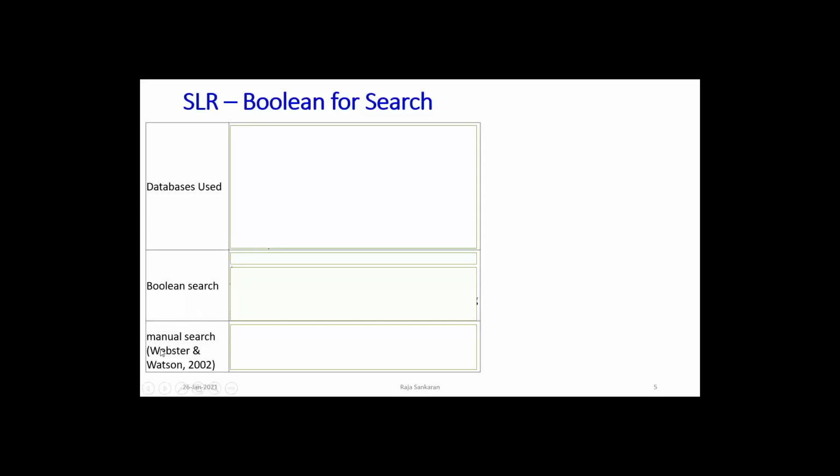You'll find I will keep quoting some of the authors here, such as Webster and Watson. Wherever you see the authors, there is a specified way of writing research papers. You should not take it up simply by what I say or somebody else tells you. You need to have a proper representation of all that you write as part of your research paper or thesis. So be very clear about providing the rationale if you're doing a manual search and including it as part of your search criteria in an SLR or in a meta-analysis; that rationale has to be specified.